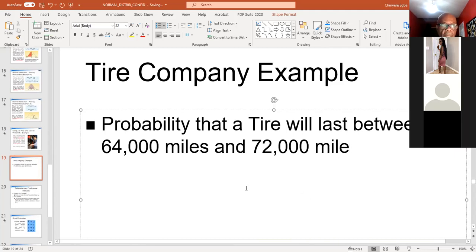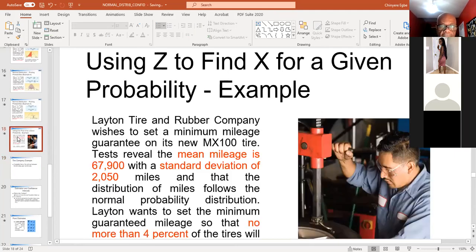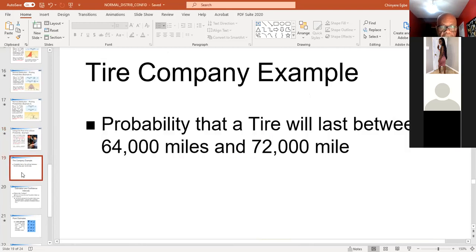Now, remember from the problem, it says that the mean is 67,900 and standard deviation of 2,050.